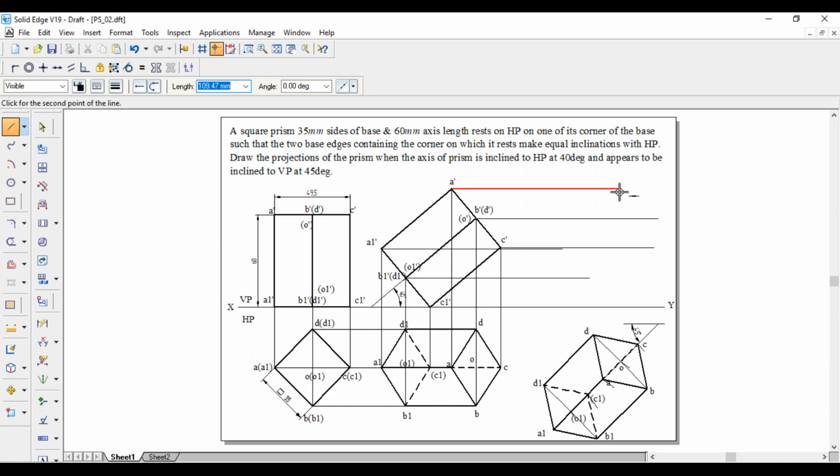A1 is there on this line, till this line.